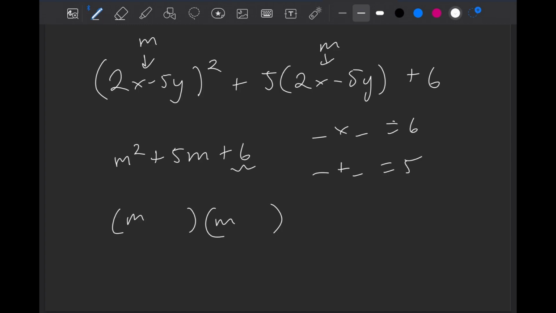We know the factors of 6 are 1 and 6, or 3 and 2. Since 3 plus 2 is 5, it's going to be m plus 2 times m plus 3.